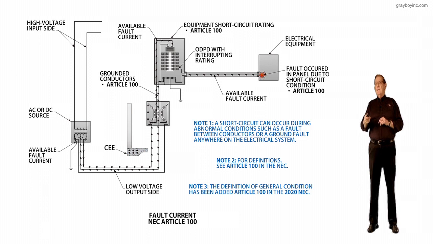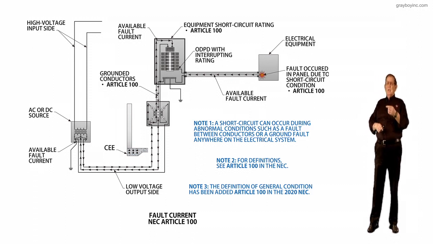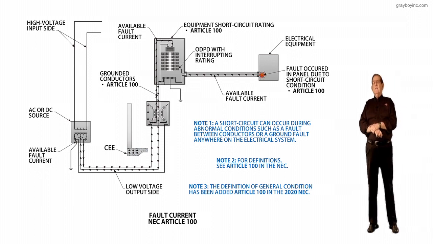Now, the fault would develop there. Then the equipment ground would carry it back to the grounded bar, and about 10% of it would flow in the earth, and about 90% would flow over the grounded conductor back to the transformer, return on the leg that shorted out, and clear that particular circuit that's supplying that electrical equipment.